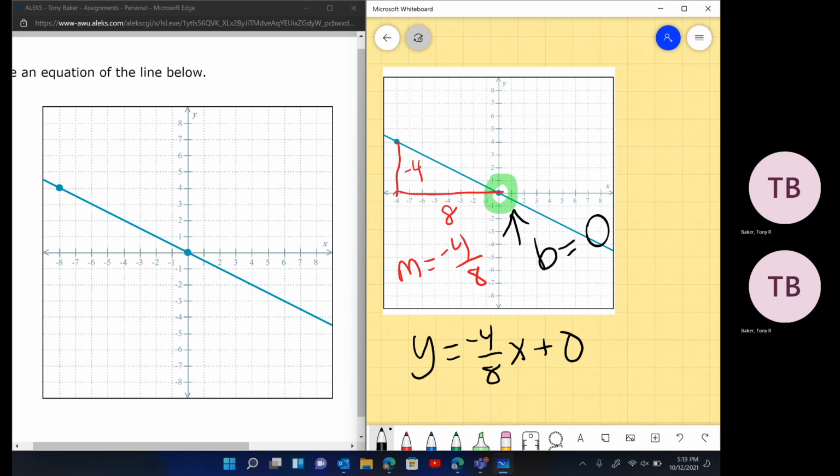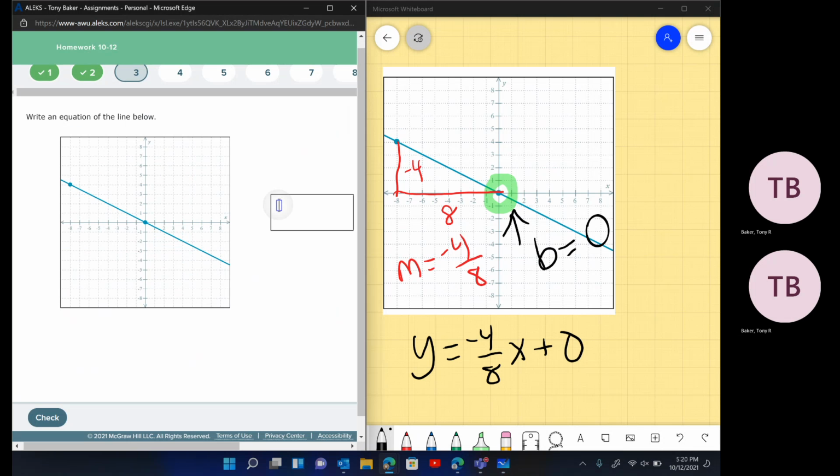So, did everybody see how I got the b? Did everybody see how I got the negative 4 over 8? When you're doing it, start at the left point, go up or down first, and then the bottom's always going to the right, so that'll always be positive. On this one, you don't have to actually simplify it. You can put y equals negative 4 over 8 x plus 0.